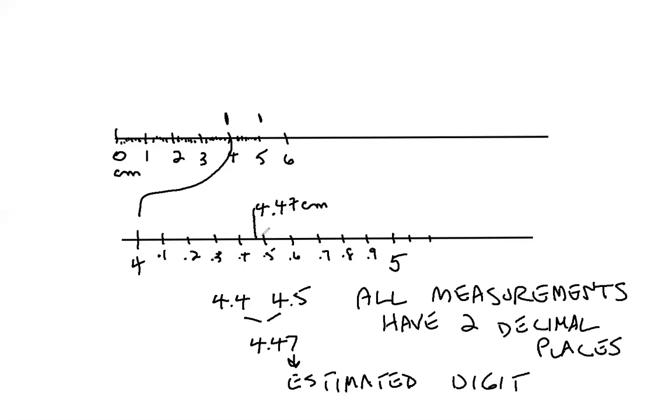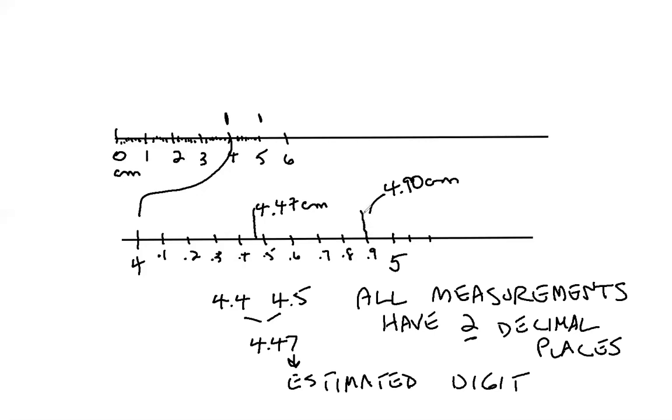Once we figure out a measurement that's in between calibration marks, that sets it. So now, suppose we had something that we thought was right on the line at 4.9. We would have to report this as 4.90 centimeters, because we just said all the measurements have to have 2 decimal places for this particular ruler. Someone else might see that as 4.89, or someone else might think it is 4.91.